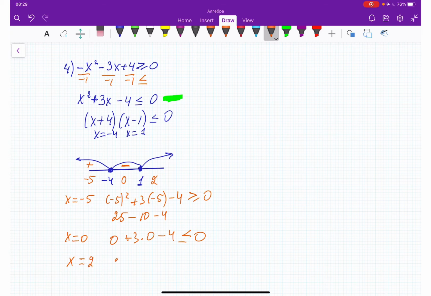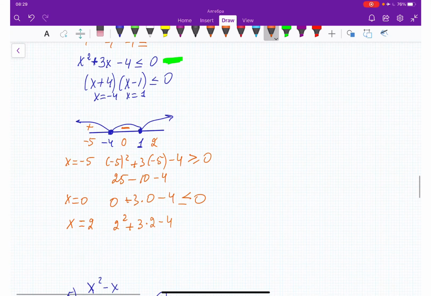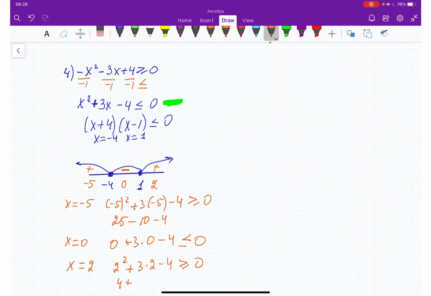So it's going to be 2 squared plus 3 times 2 minus 4. What do we get? 4 plus, it's going to be positive, greater or equal to 0. So since we are looking for negative, less than 0, this is going to be our solution.